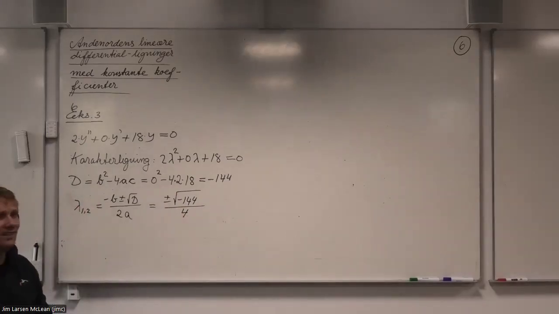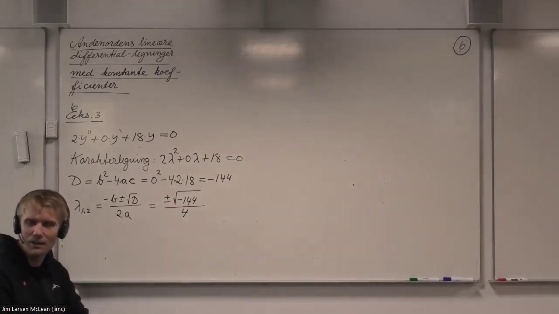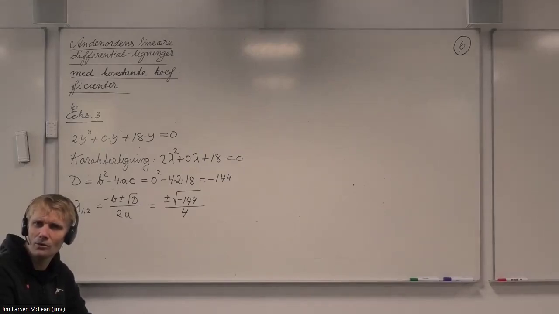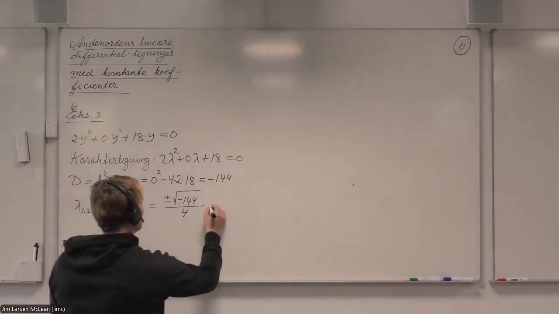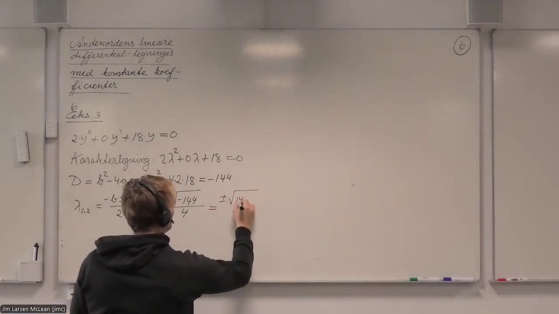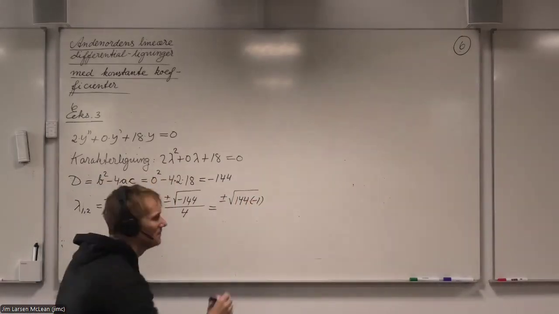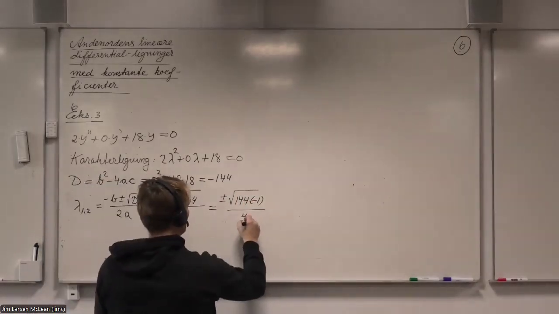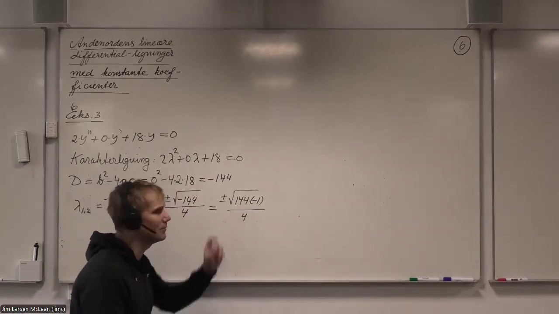Now the square root of negative 144. 12 squared equals 144, right? 12 times 12 equals 144. So this can be rewritten as plus or minus the square root of 144 times negative 1. But the square root of a product is the square root of each factor individually.